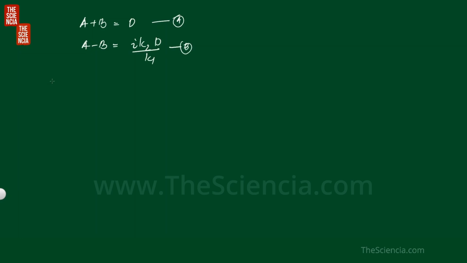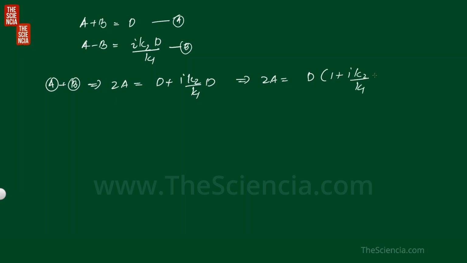Now we can add this equation a with the equation b. So we will get 2a is equal to d plus i k2 by k1 into d. That is 2a equal to d into 1 plus i k2 by k1.